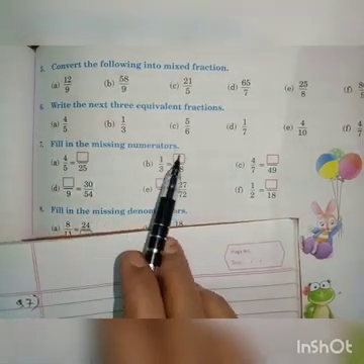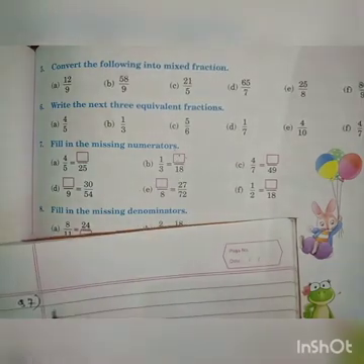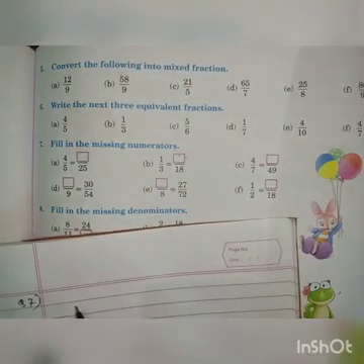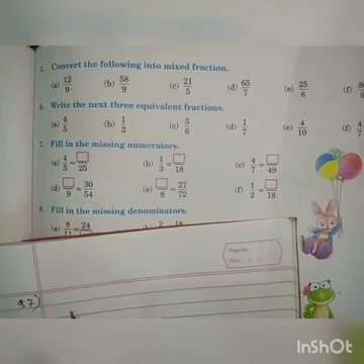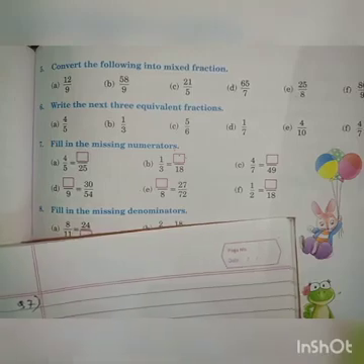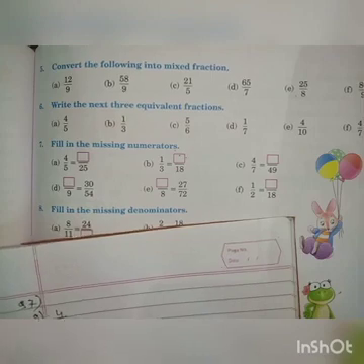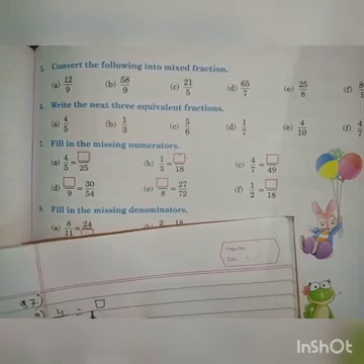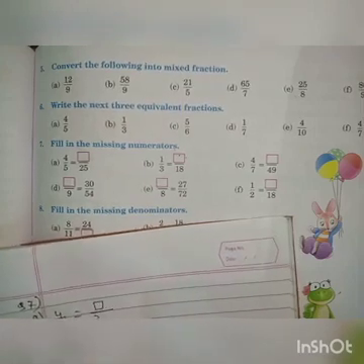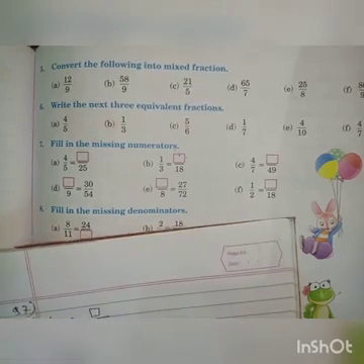Fill in the missing numerators. For this, we have to find equivalent fractions of the given fraction. That is, A: 4 upon 5 is equal to, fill in the blank, upon 25.